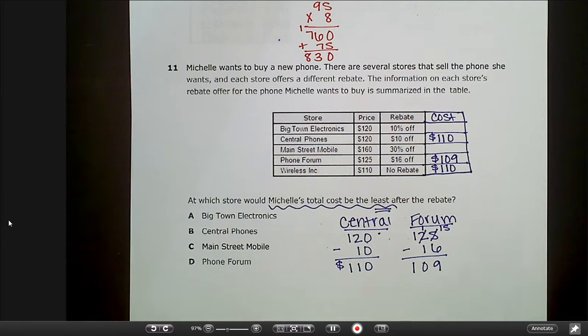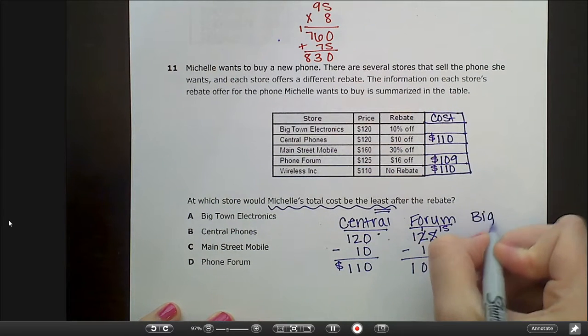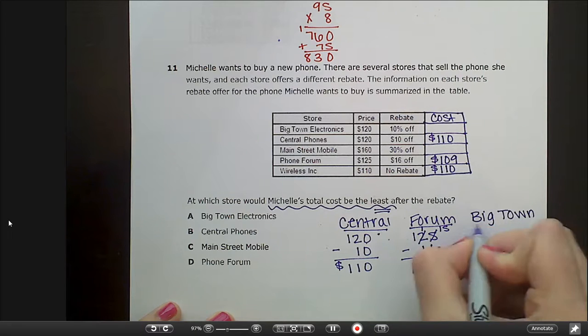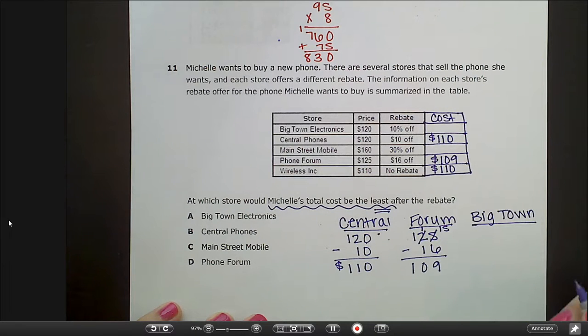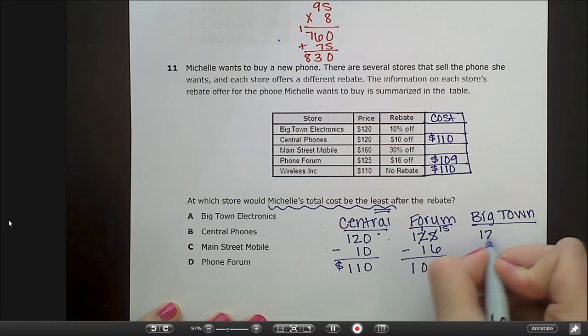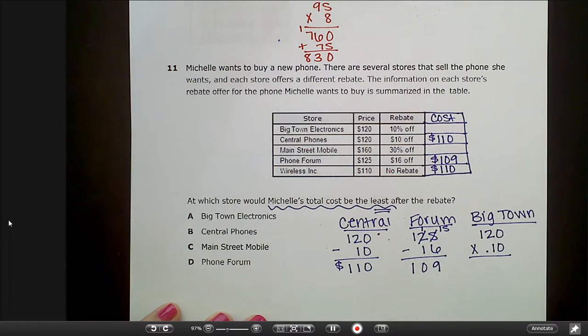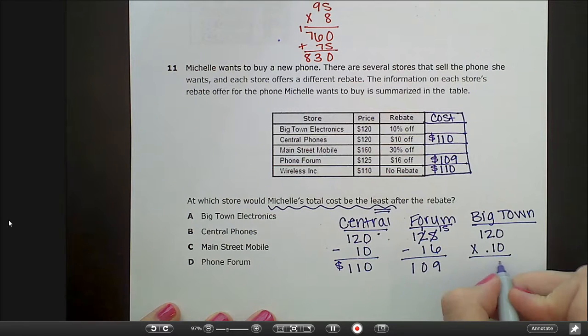Now we're getting into percentages. So let's look at Big Town. I need to find what is $120 times 10%. And I did 0.10 because that's the equivalent decimal for 10%.